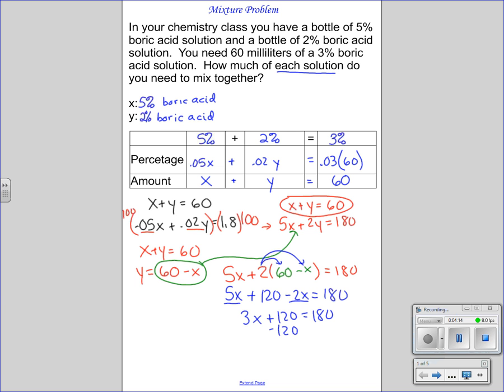Subtract 120. 3x, 180 minus 120 is 60. I divide by 3. x is going to be equal to 20. So that means x was our 5%. So 20 milliliters of the 5% solution.